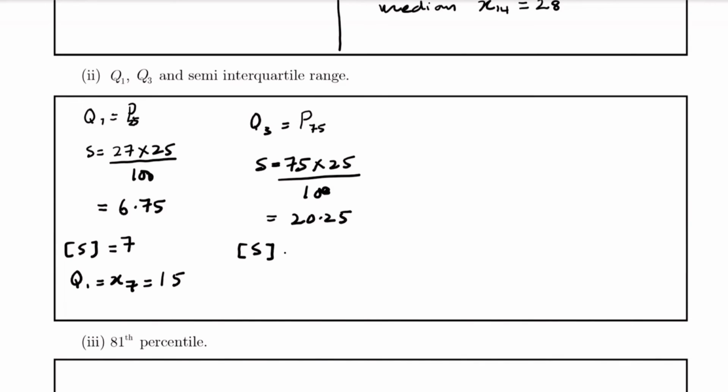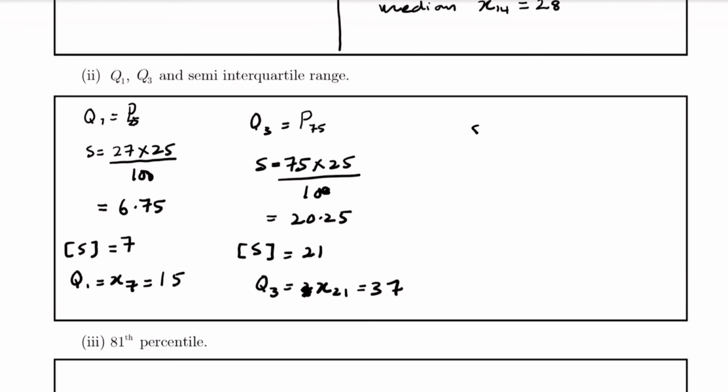Because 20.25 is not an integer, we choose the least number bigger than 20.25, which is 21. It means that our third quartile is represented by the 21st observation, which is 37.